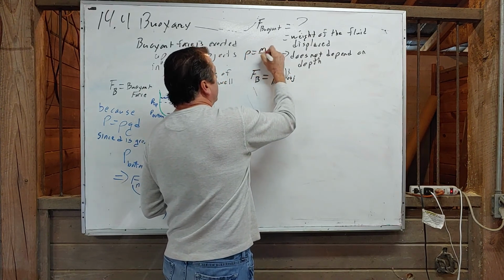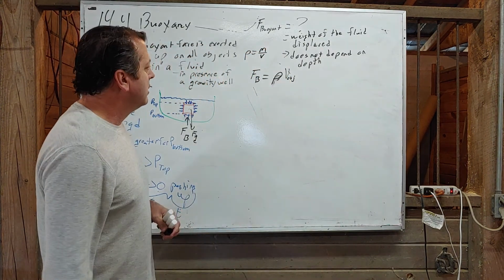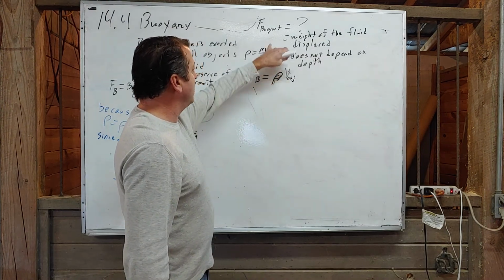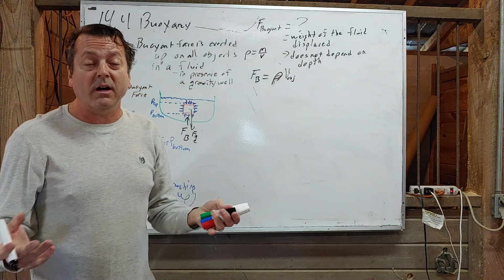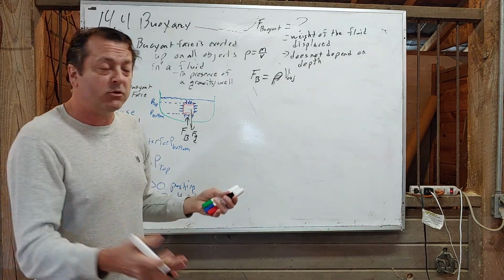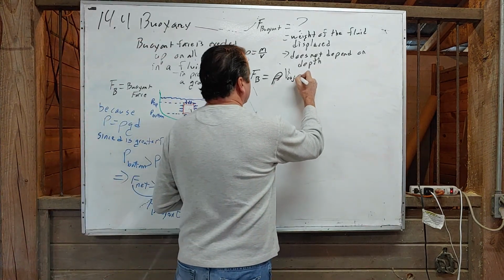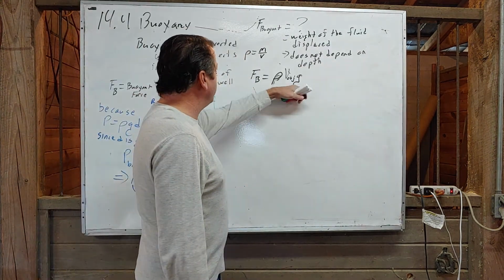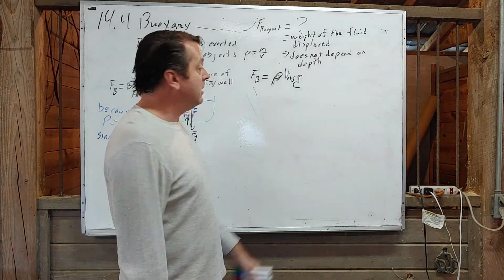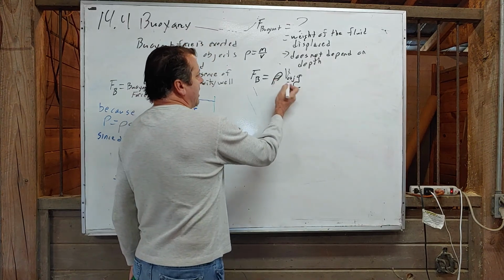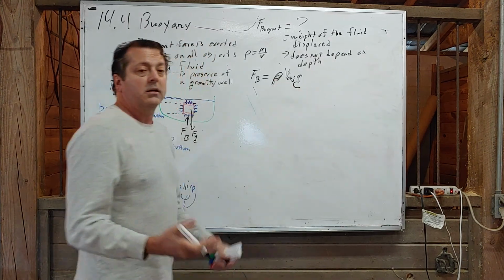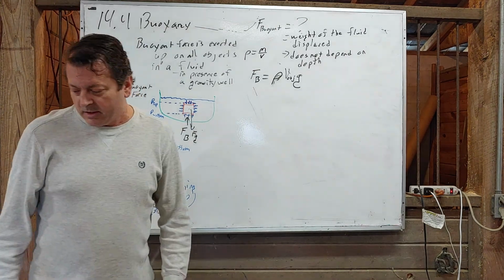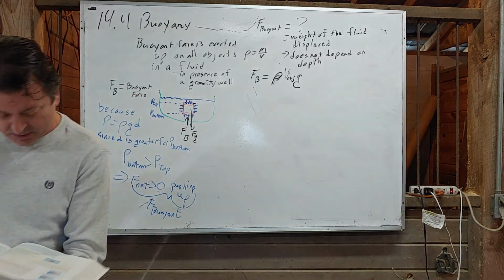Rho is mass over volume, so mass over volume times volume leaves us with mass. Now how do we find the weight, or the force from it? We multiply it times g. Weight is mg. This is the weight of the fluid displaced, which is equal to the buoyant force.